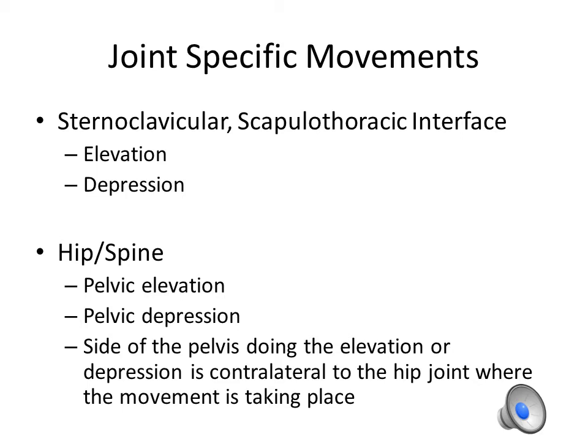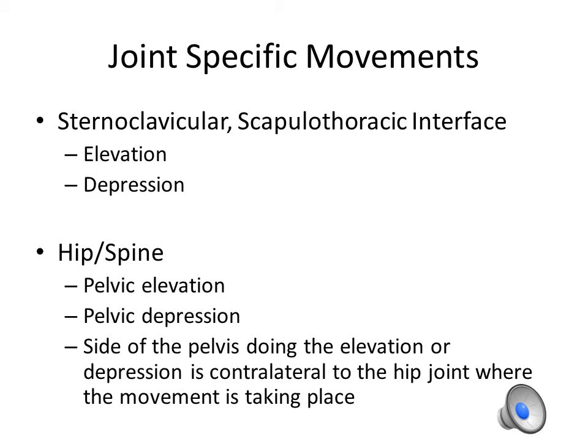During pelvic elevation and depression, the side of the pelvis doing the elevating or the depressing is the contralateral or opposite side to the hip joint where the movement is actually taking place. So pelvic elevation is the superior movement of one side of the pelvis, whereas pelvic depression is the inferior movement of one side of the pelvis.